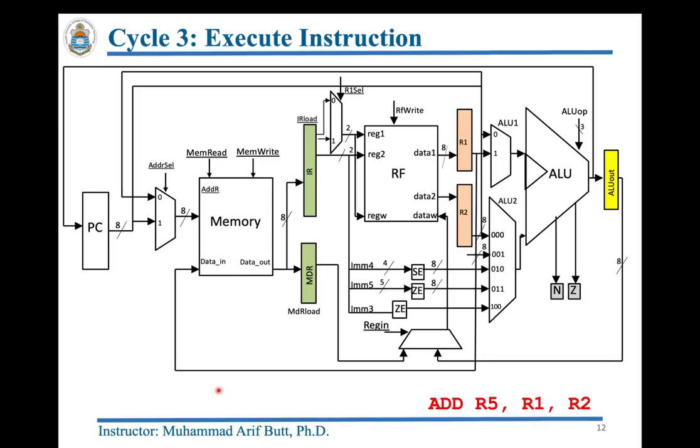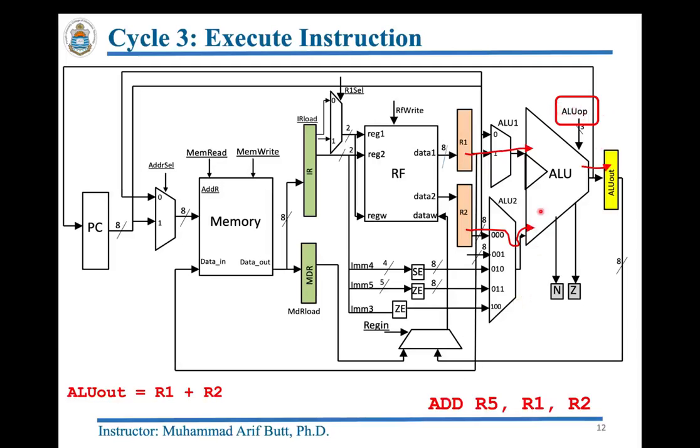Since we have already fetched the operands in cycle 2, cycle 3 is going to execute. This is the execute cycle. Since this is an add instruction, the two operands R1 and R2 are given to the ALU. The control tells the ALU to perform the specific operation, which in our case is the add operation.